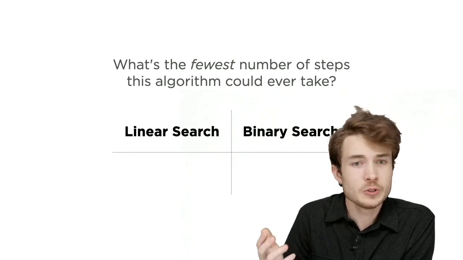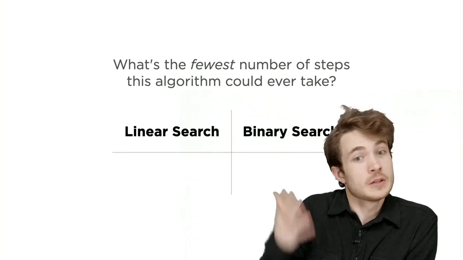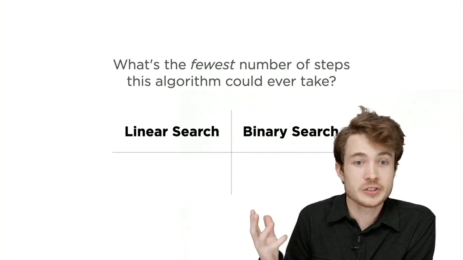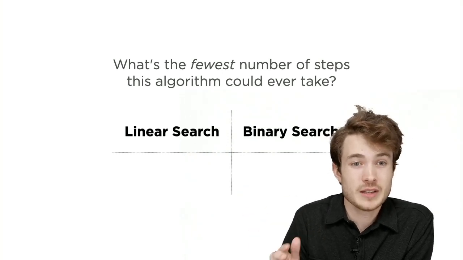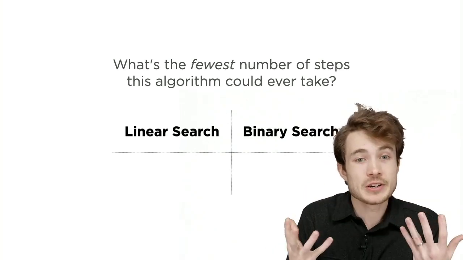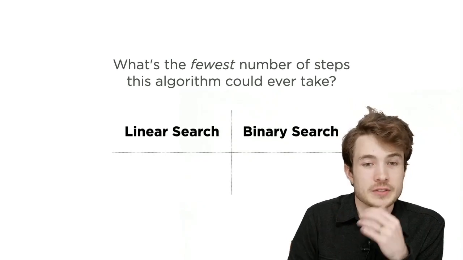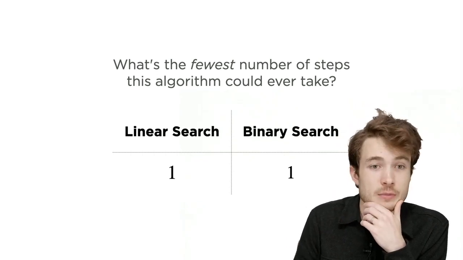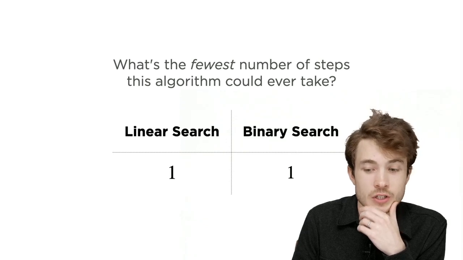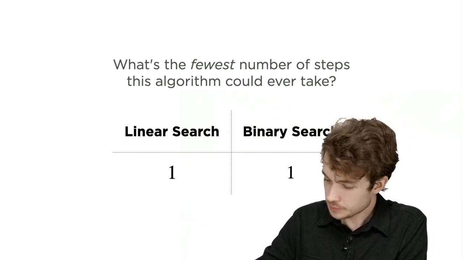You could simplify things and say, what happens if we get lucky? Well, it turns out that in linear search, the fewest number of steps we could take is just 1, our person at the very front of our list. And in binary search, it's similarly just 1, our person at the middle of our list. So in this case, it's still the same. In the best case, linear search and binary search only take 1 step.